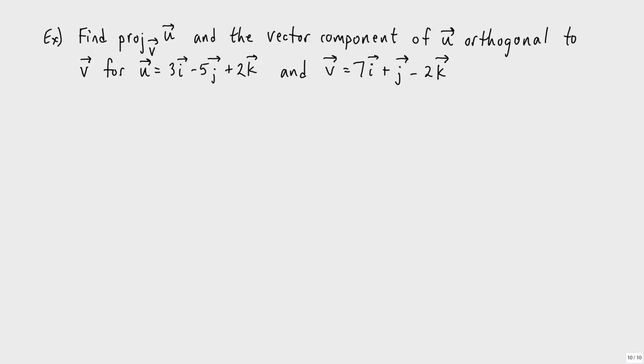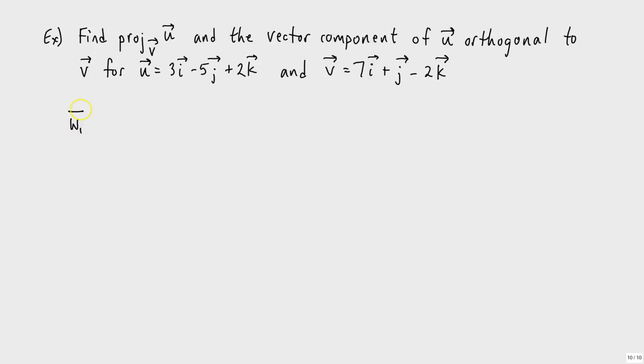All right, so what if you needed to find the projection? Let's say you've got a vector u and a vector v in standard position, and you want to find the projection of u onto v. Well, that's what we have our formula for.